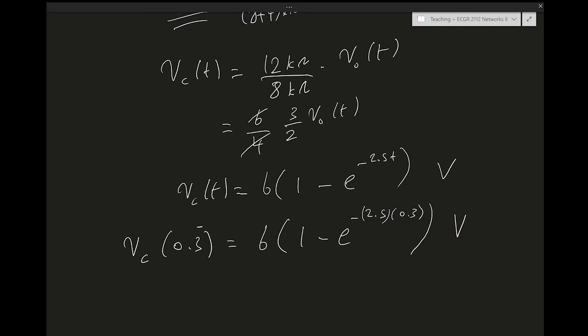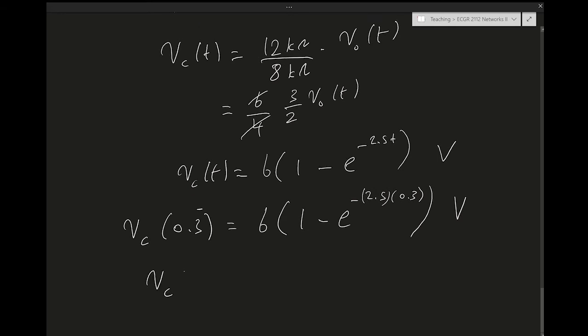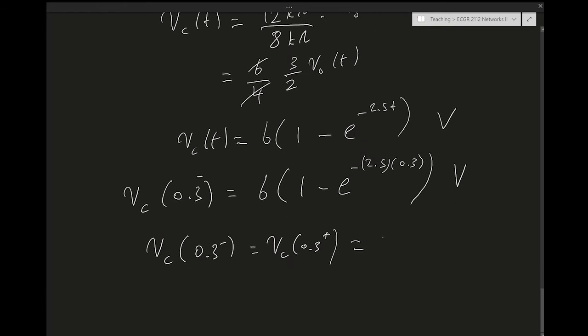So firing up a calculator and calculating this gives us VC at 0.3 minus equals VC at 0.3 plus, right after the transient, just equals 3.17 volts, right?